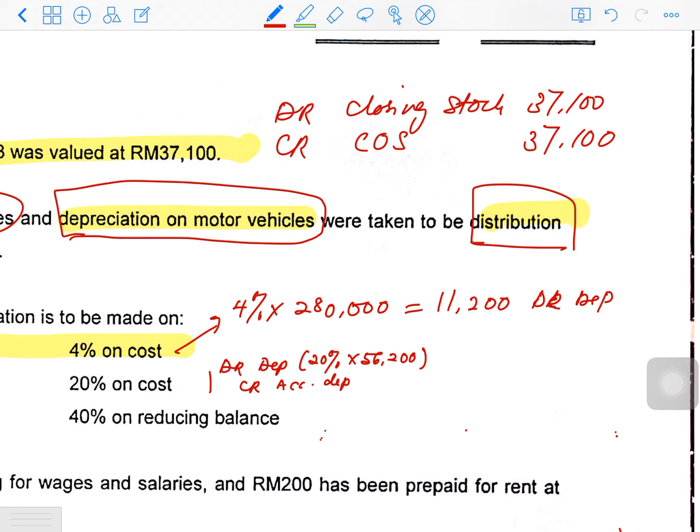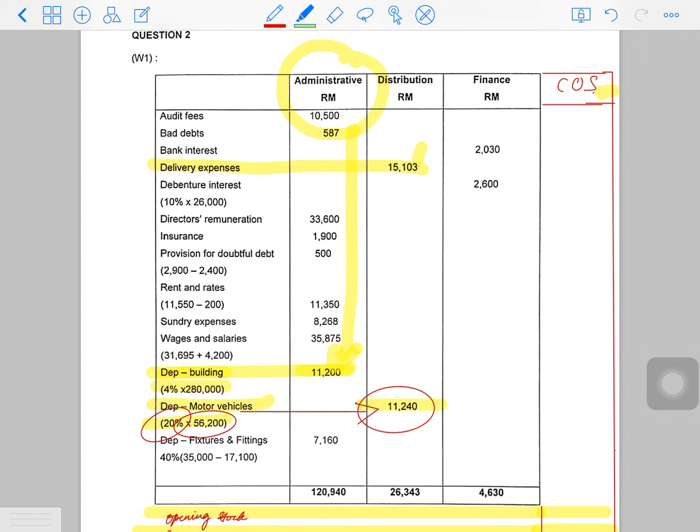So how should you categorize the depreciation for building? Where should you put building? Here building is put under administrative expense.